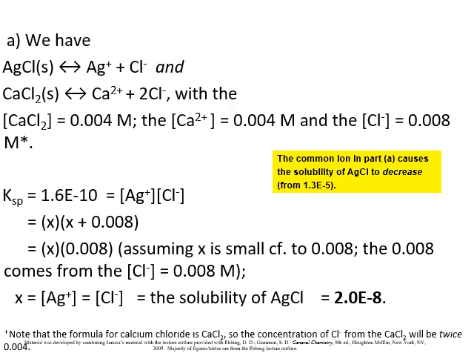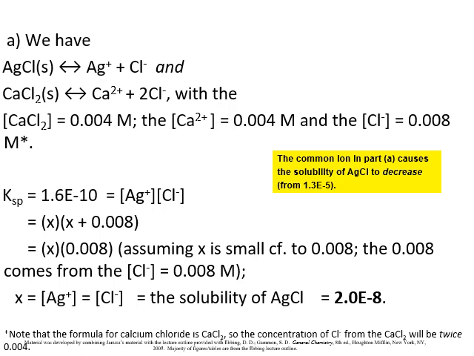So we multiply the 0.004 times 2, and that's 0.008. I didn't put the ice table here, but it would be 0.008 plus x for the Cl minus.